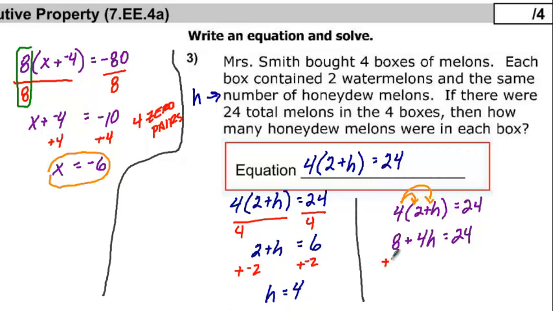Go ahead and add a negative 8 to both sides. You know that you're going to end up with a positive because you can't have negative melons. 4h is equal to 16. Divide both sides by the coefficient of 4, and once again we end up with h is equal to 4. 16 divided by 4.